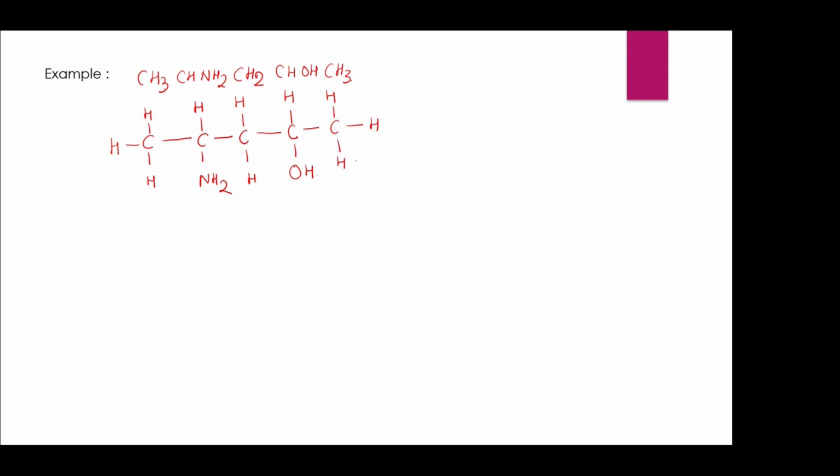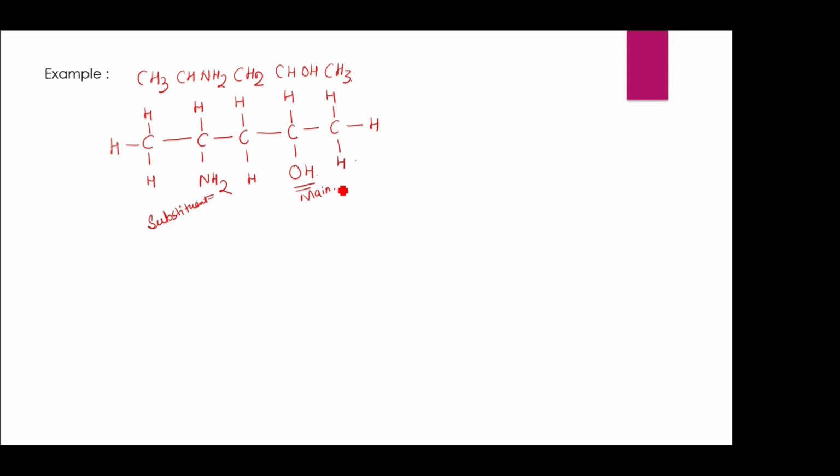So in this, the main secondary suffix, that is the main functional group, is the alcohol, which will get the first preference, and amine will act as a substituent. So this is the main. Here in this compound we have two functional groups, but according to the preference, alcohol will have more preference than the amine group.